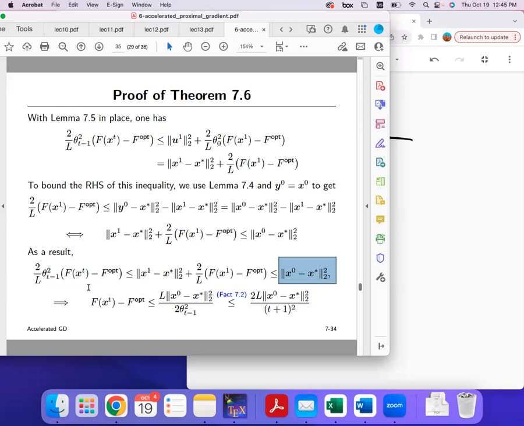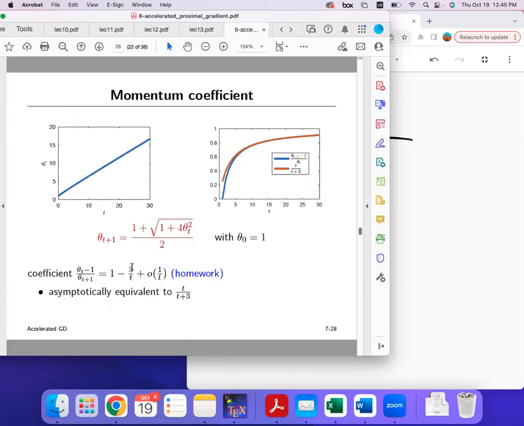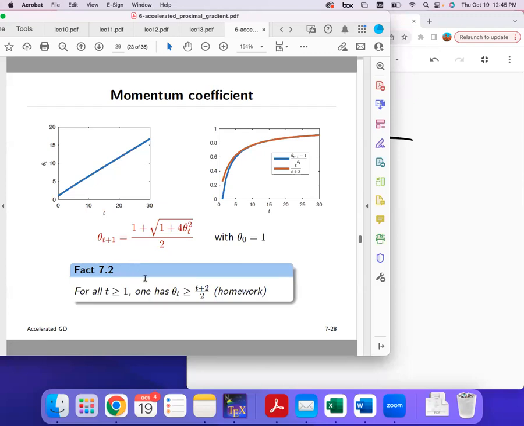So from here, we can solve for this function value difference. This difference will be bounded by the initial distance divided by 2 times theta_{t-1} to the power of 2. And then we use fact 7.2, which says that theta_t is lower bounded by (t plus 2) over 2.